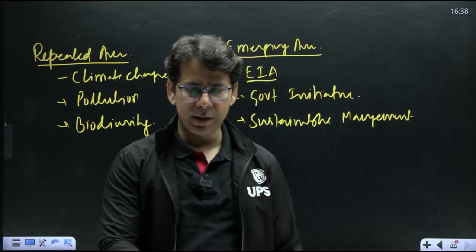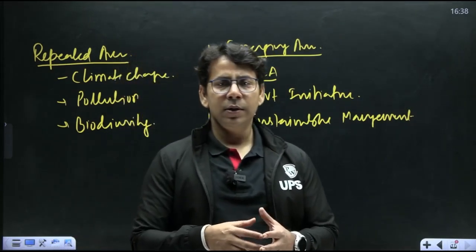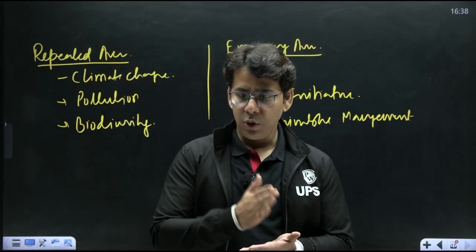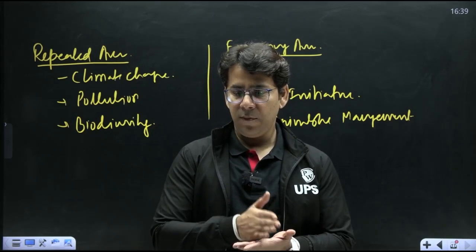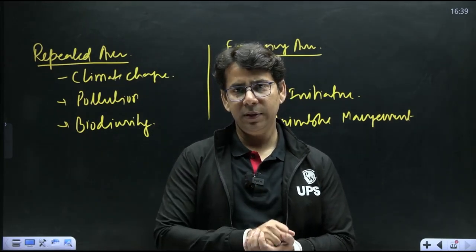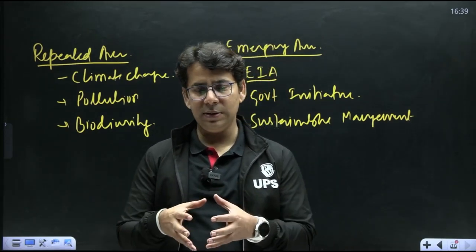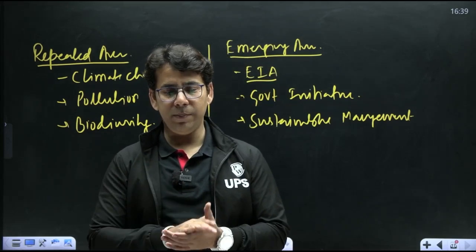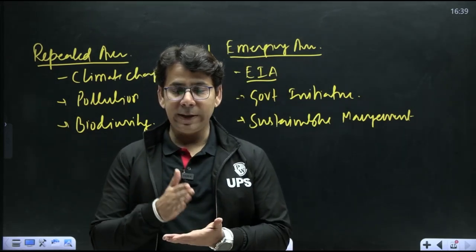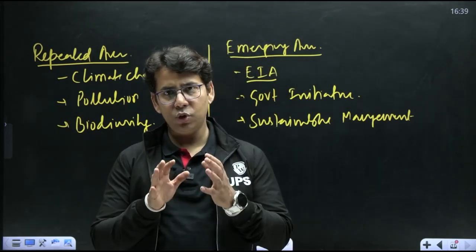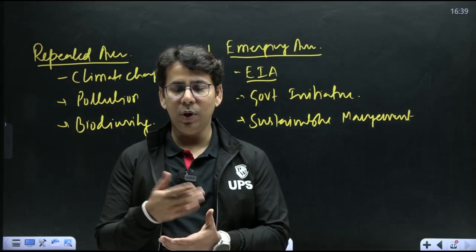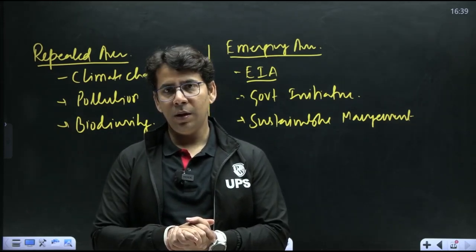Right? Like I can give you some important areas so that you can have some idea about it: global and national policies for sustainable development. Anything which is global and national policy related to sustainable development is very important. Role of international organizations, that you should be very much aware of, UNEP, World Bank and all, right?